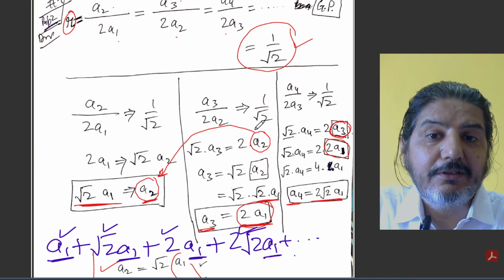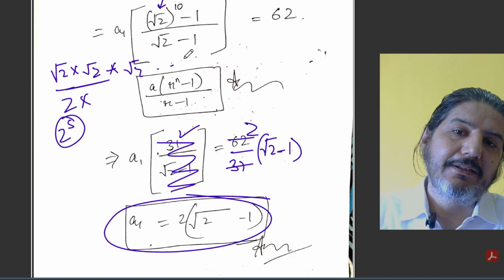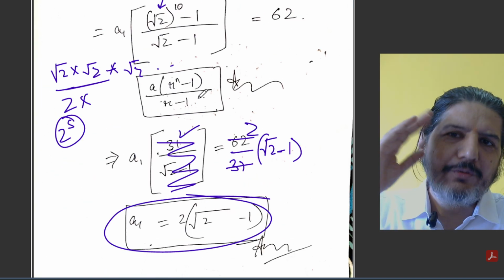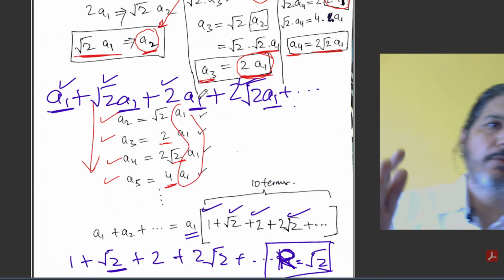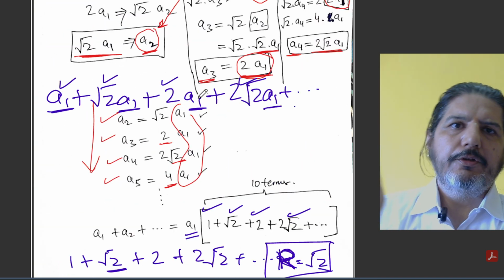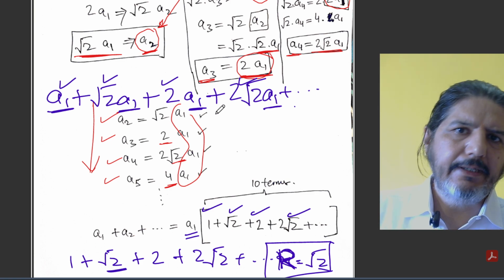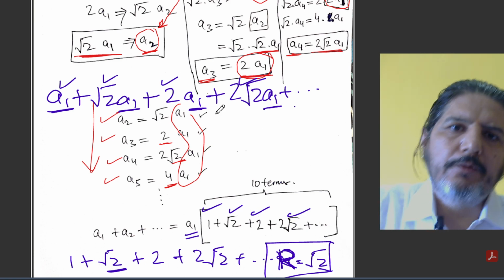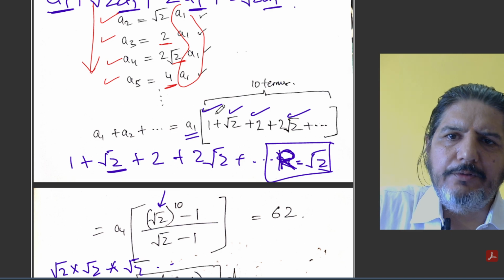I've seen a lot of 11th class students who won't be able to do the rationalization. So you should be okay with that. If there is a certain concept that you are not able to understand, then you should go back and try to revise that topic. And in case of any doubt in this lecture, please let me know. You can mention the timestamp where you faced a problem. I'll be glad to help you out.